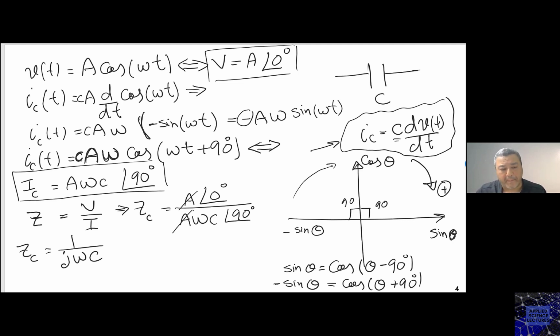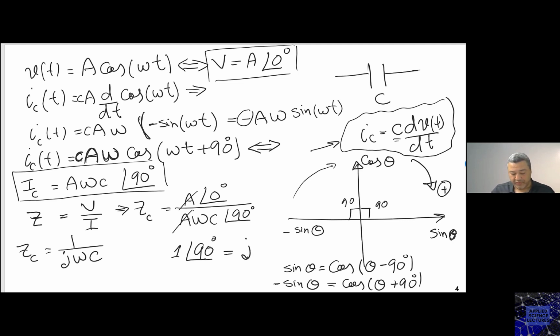Where did it come from? What is j here? j is the imaginary number. That's correct. So the 90 degrees is indeed the j.